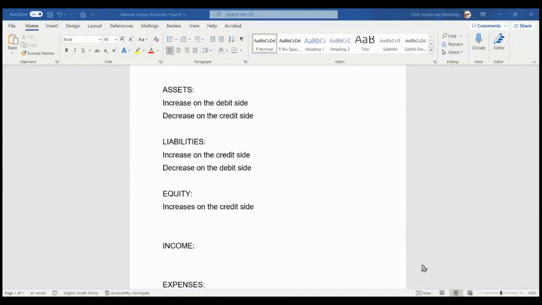So your total debits and your total credits must equal one another. So if your assets have now increased by the amount that the owner has deposited into the business bank account, what do you have to do with your owner's equity or your owner's capital? We'll call the account owner's capital, which is equity. What will you have to do with that account?